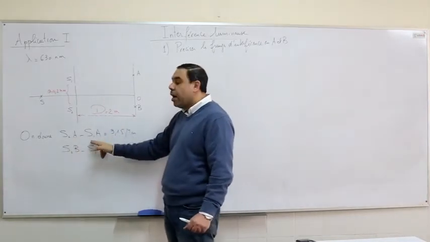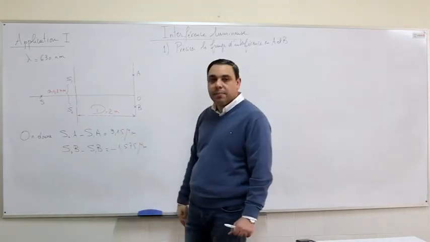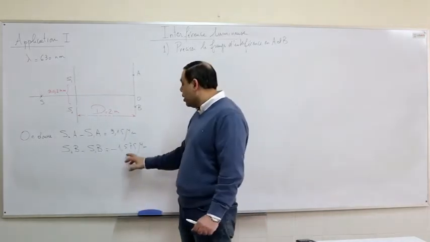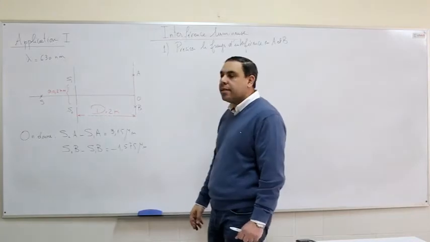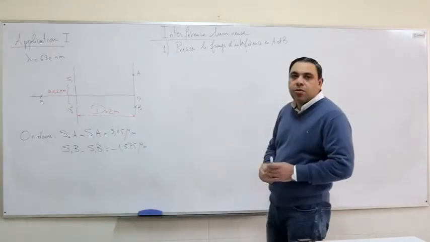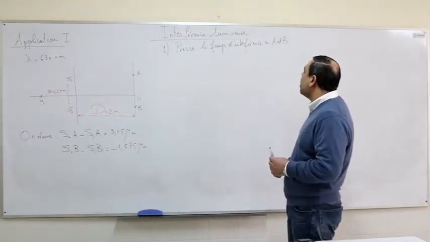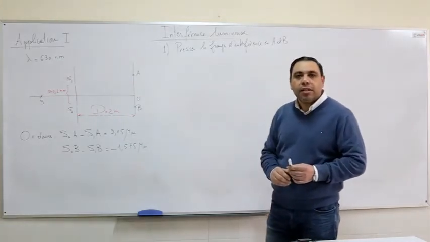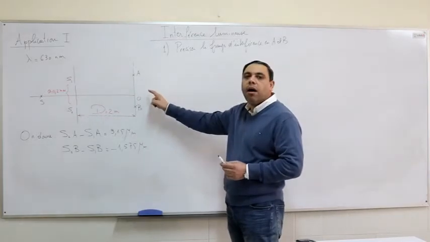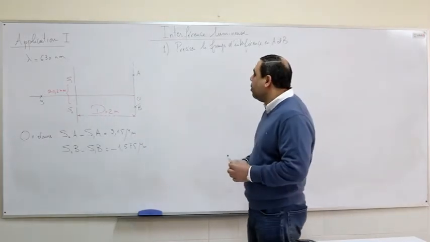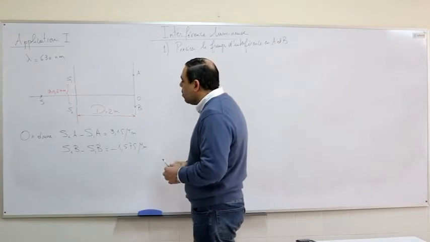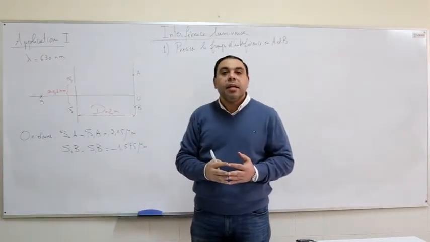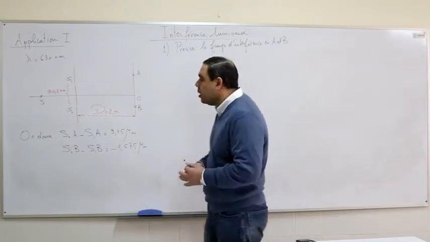where S2A minus S1A equals 3.15 micrometers, and S2B minus S1B equals minus 1.575 micrometers. The first question is, specify the interference fringes at A and B, or in other words, we have to specify the nature of the fringe that is found at point A and that at point B. Note that the nature of a certain fringe is specified by the optical path difference.